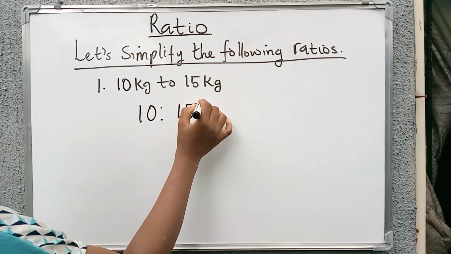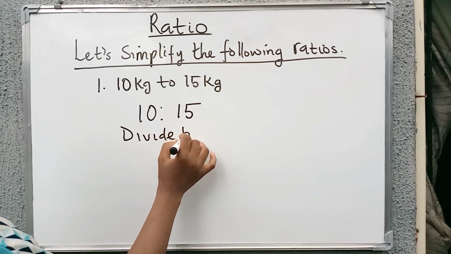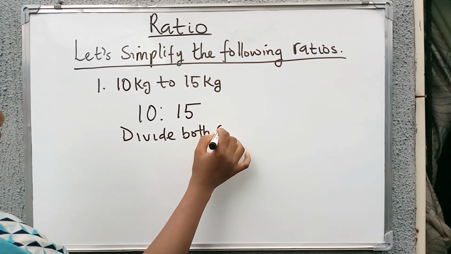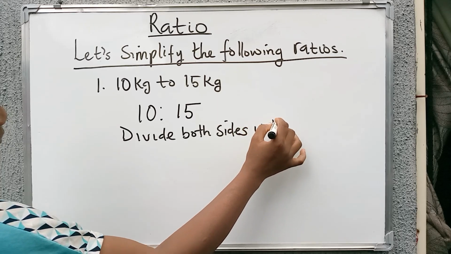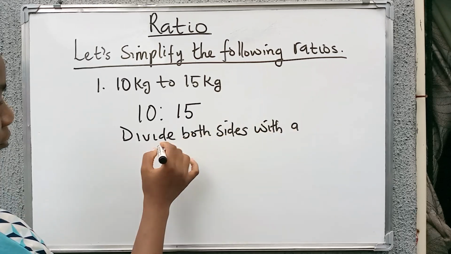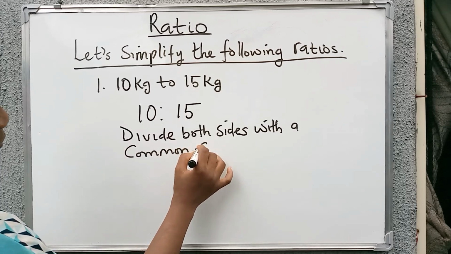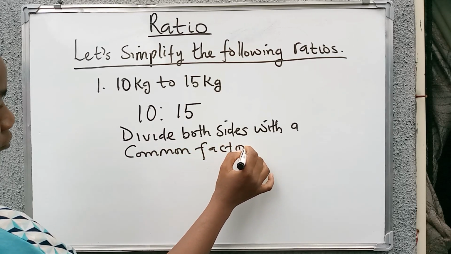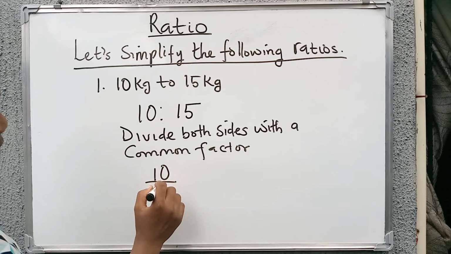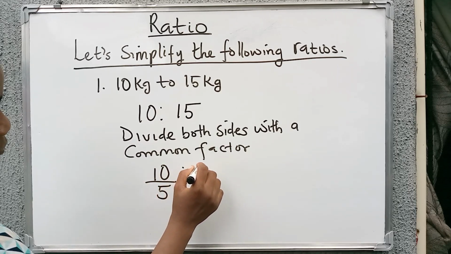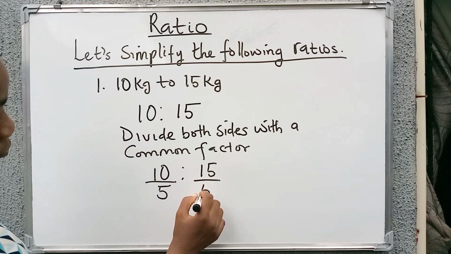Now we are going to divide 10 kg to 15 kg by their greatest common divisor, and that is 5. We are going to use 5 to divide 10 and also use 5 to divide 15. Whatever we get as our answer becomes the ratio in its simplest form.